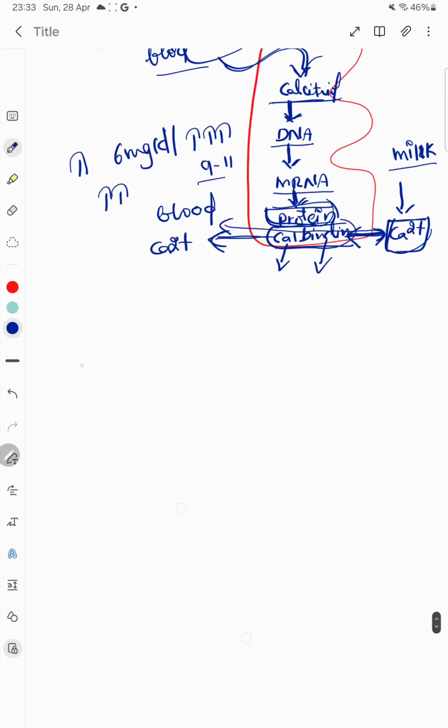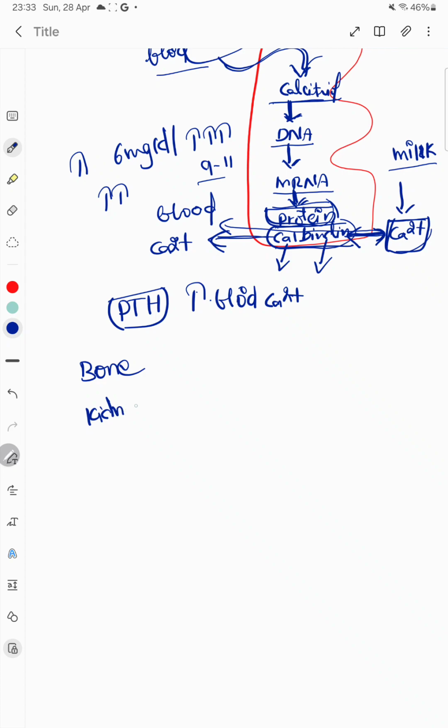So the main role of PTH is to increase blood calcium by acting on bone osteoclasts and kidney reabsorption. By acting on bone, demineralization occurs and calcium is released from the bone into the blood.